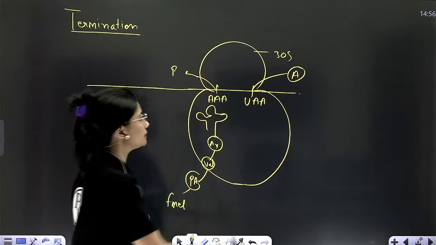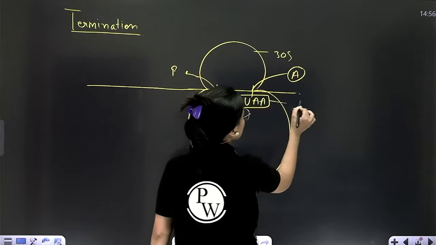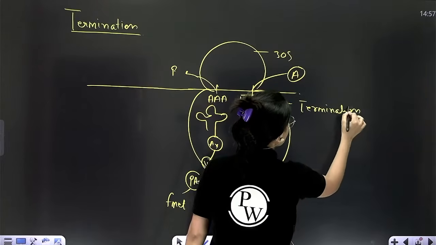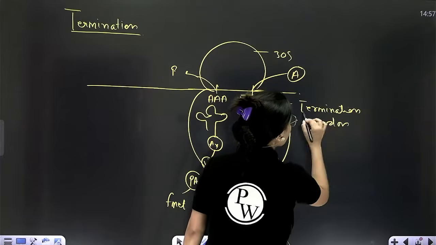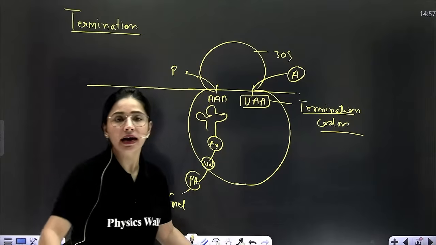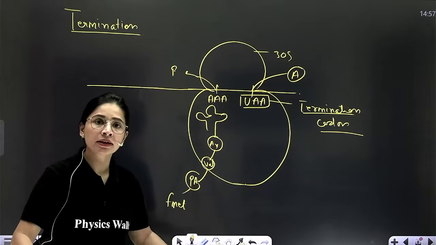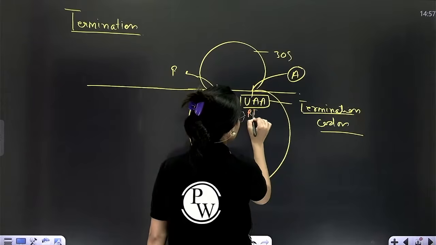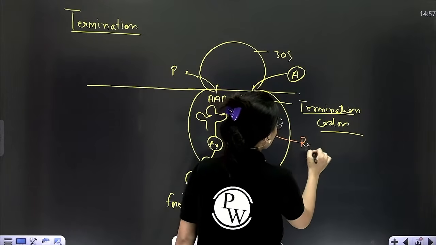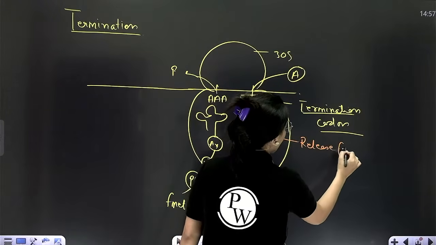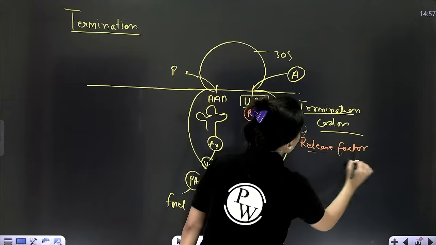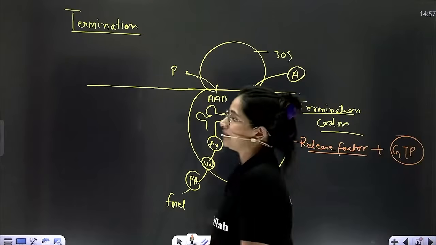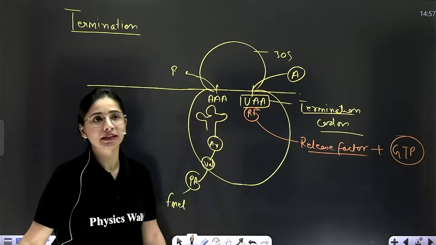Now what will happen? As soon as a termination codon comes, for termination codons there is no tRNA. So instead of tRNA, some release factor will come, and this release factor, with the help of energy in the form of GTP, will terminate the process.